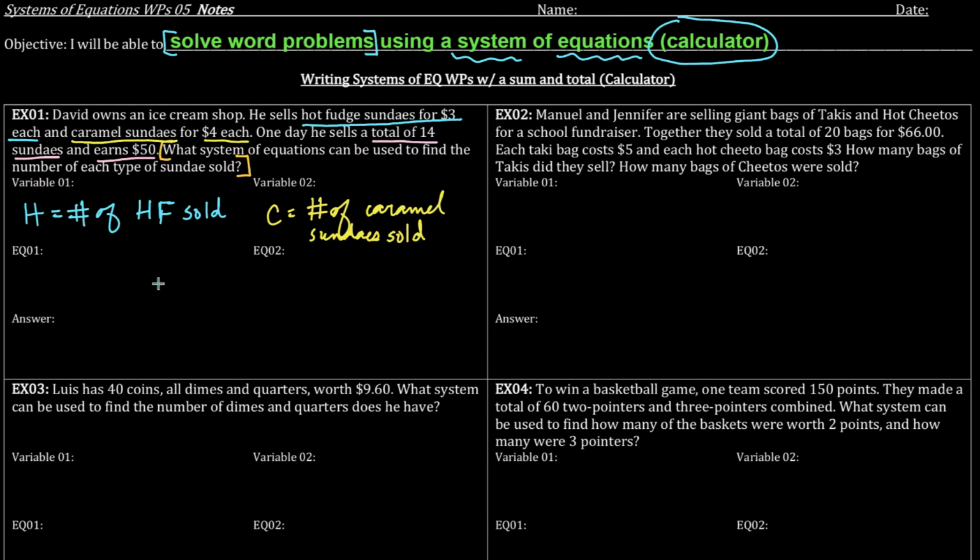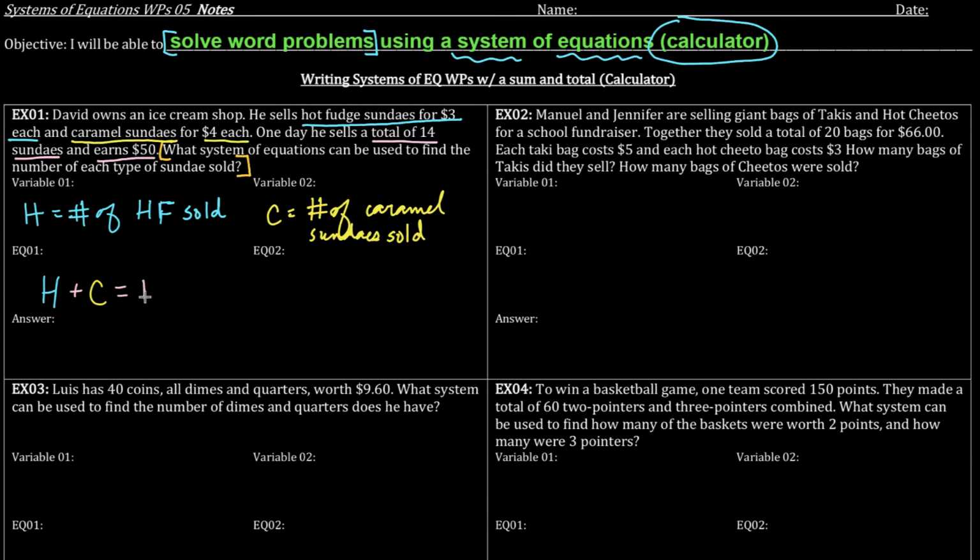So this is easy. That means the number of hot fudge sundaes sold plus the number of caramel sundaes sold equals 14. I want to put that a little higher. I might need that space later.